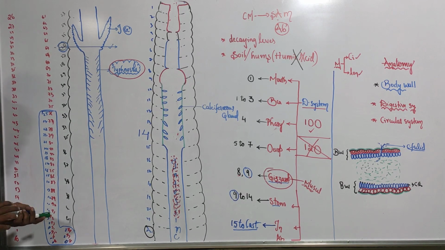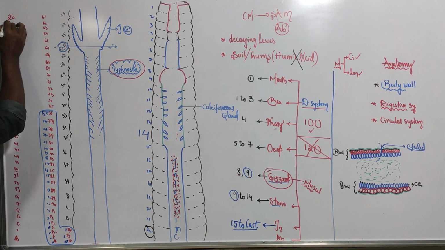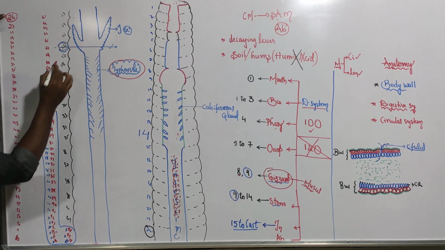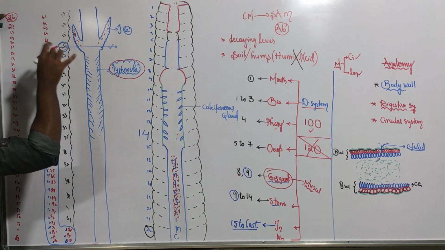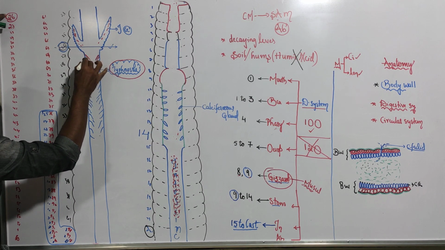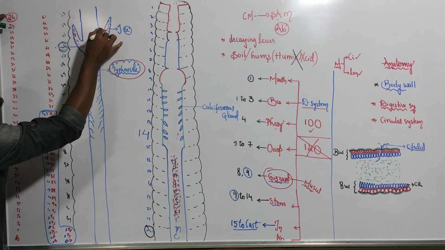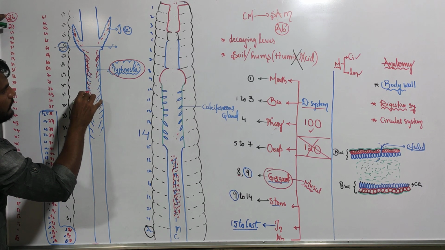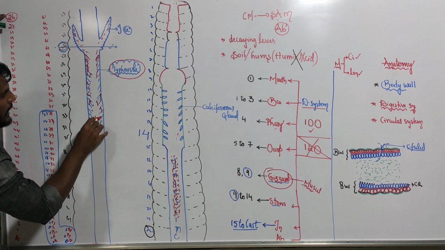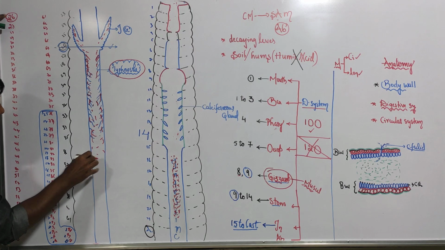And you know that this is the 26th segment of the earthworm. From the 26th segment onwards, typhlosole is present, and intestinal caeca are present. From the same 26th segment onwards, the dorsal wall of the intestine contains typhlosole like this.